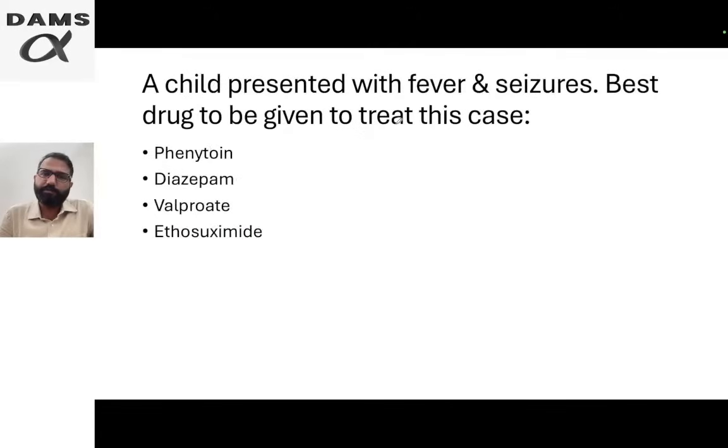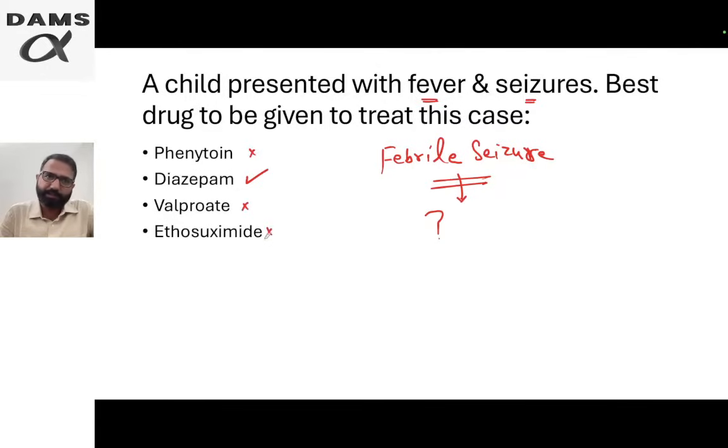Then this question, a very simple question: a child presented with fever and seizures. I think every student knows febrile seizures. This topic we discuss in pharmacology as well as pediatrics. A case of febrile seizure, what is the best drug for treatment or even for prophylaxis? In this case we use diazepam, because phenytoin and valproate are not for febrile seizures.